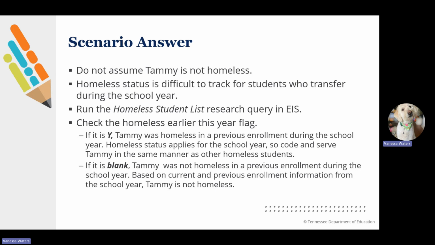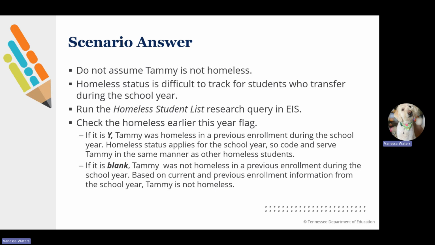You would not assume that Tammy is not homeless. Homeless status is difficult to track for students who transfer during the school year. So you want to be sure you run the homeless student list research query and EIS. Next, you will check the homeless earlier this year flag. If it is Y, Tammy was homeless in a previous enrollment during the school year.